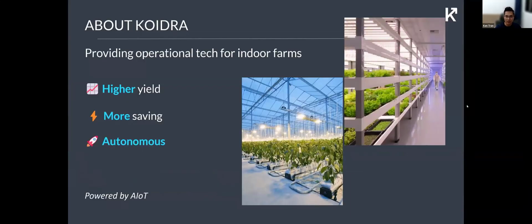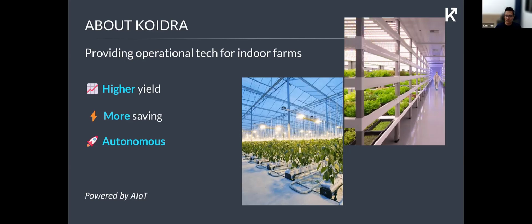So quick introduction about our company. I am the CTO and CEO of Koidra, and Koidra is a company that builds IT and OT. OT stands for operational technology and industrial controls.